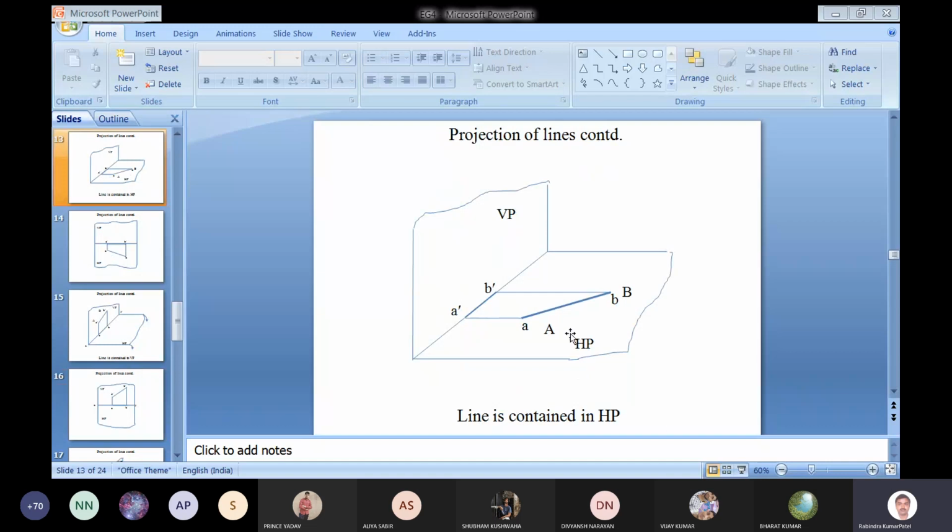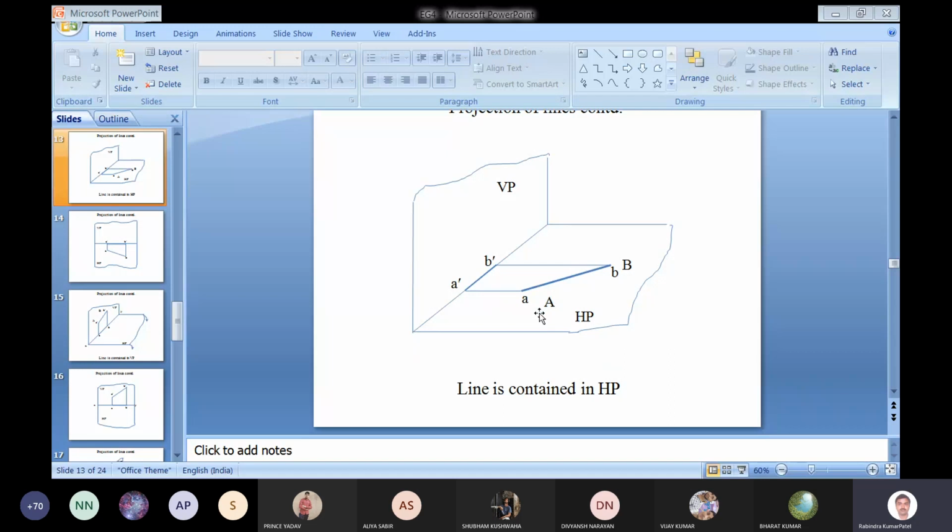There are some more lines. Here one line is contained in the horizontal plane, meaning the line is lying in the horizontal plane and inclined with the vertical plane. We can get the projection of this line onto the horizontal plane as AB, and onto the vertical plane it will have the projection on the reference line, that is A dash B dash.